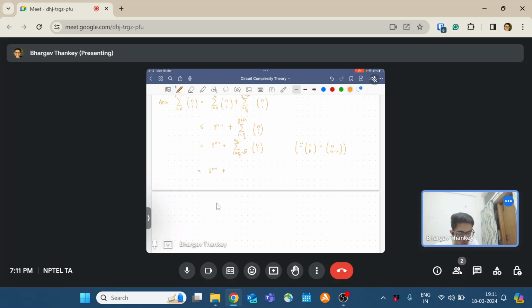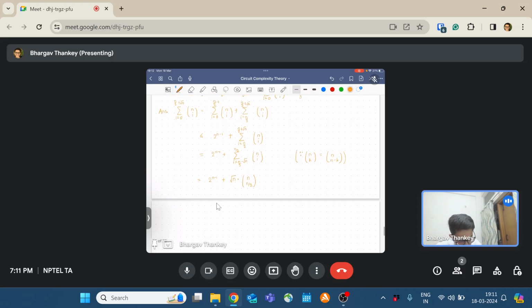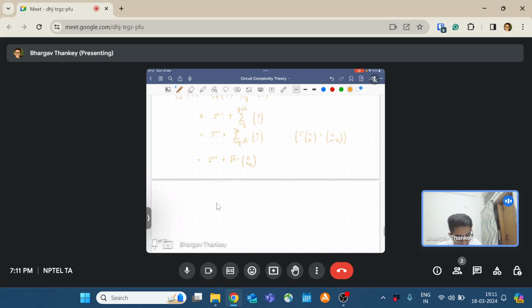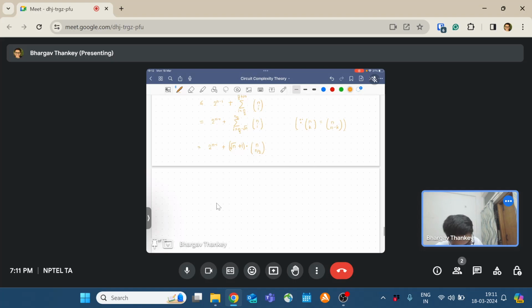Now we also know that up to n over 2, the binomial coefficients increase and then they decrease, right? So I can write this as root n times n choose n over 2. Are there root n terms or root n plus 1 terms? So minus root n to 0. Yeah, there are root n plus 1 terms. Okay, so this is level first.